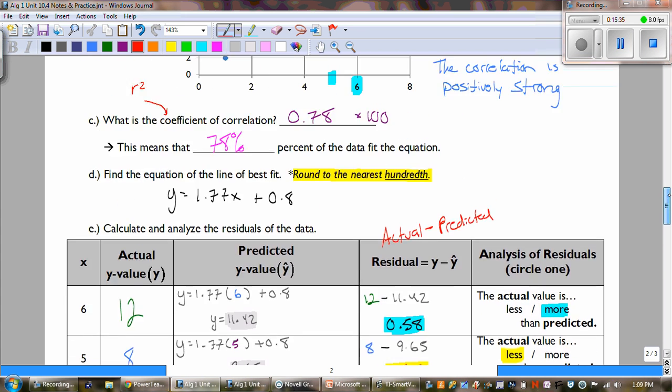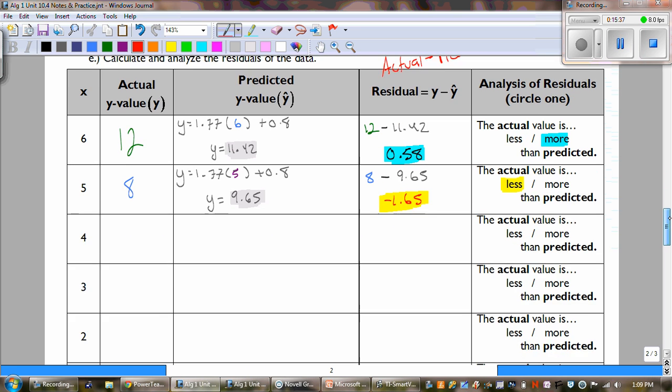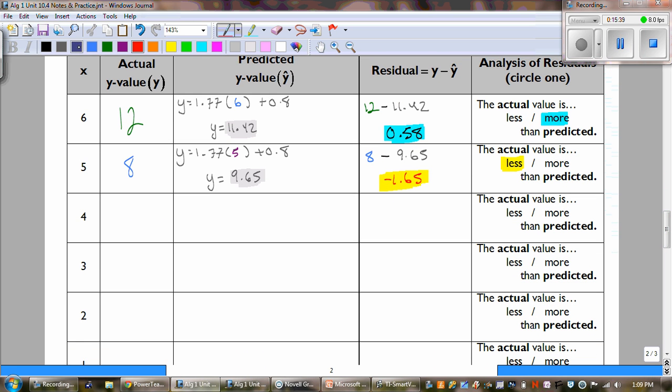All right, so for number 4, the actual value was 10. Okay, so we're going to plug in 4 and tell me what you get. Okay, you guys should have gotten 7.88.